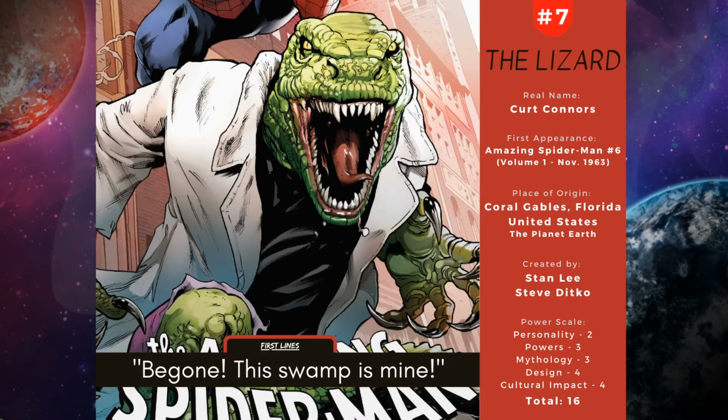So that is how the lizard got started, and he has had similarly based run-ins with Spider-Man before, where it's definitely not Connors' choice to become this villain, but kind of almost Hulk-like in how he's linked with him.